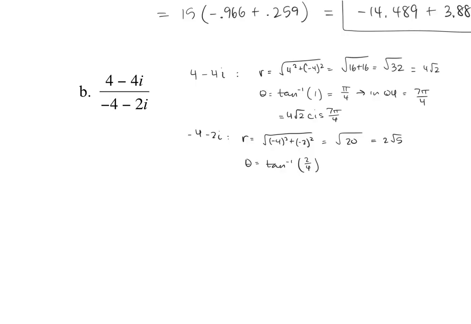And this is not one of the special angles on the unit circle, so inverse tangent of 1/2 in radians is roughly 0.464 radians. So that's in quadrant 1, but negative 4 minus 2i is in quadrant 3, so I need to add pi to this.